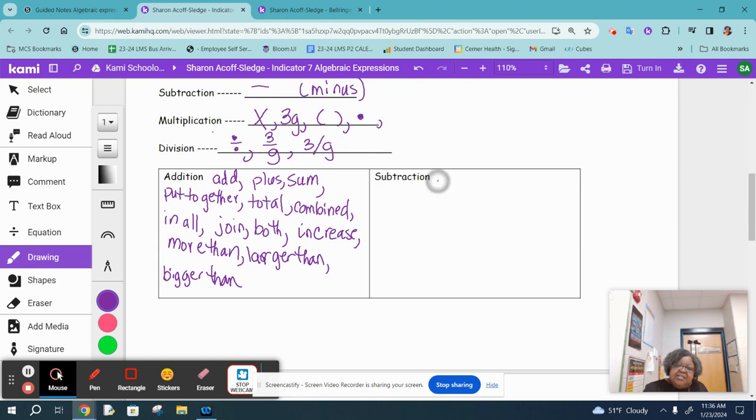Okay, subtraction is minus, difference, and subtract. Let me do these first. Okay, write those three down. Okay, someone said less. Yes, Sequoia.